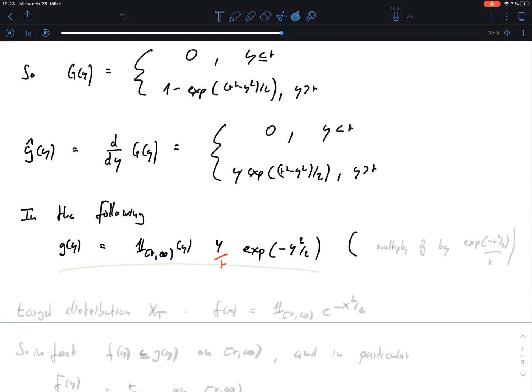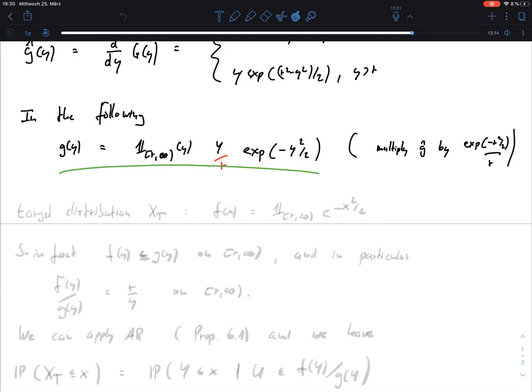So what we are doing is we don't use the density directly, but we multiply the density by exp of minus r squared over 2, divided by r. This will be extremely useful. Okay, so this is a pseudo-density of Y, and what is the pseudo-density of our target distribution?